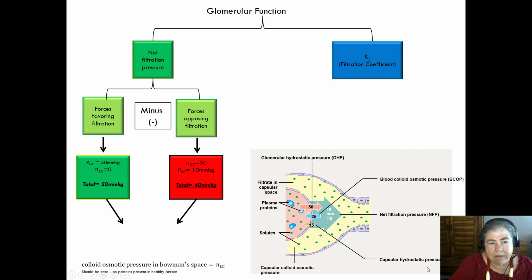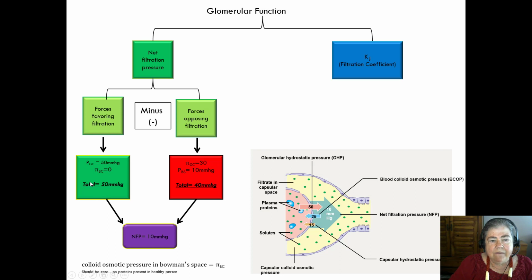In this diagram, we have the colloid pressure as 25 and the hydrostatic pressure in the capsule as 15. So these are the forces opposing filtration, and the glomerular hydrostatic pressure as 50. Even though these numbers are a little different, they add up to the same thing.